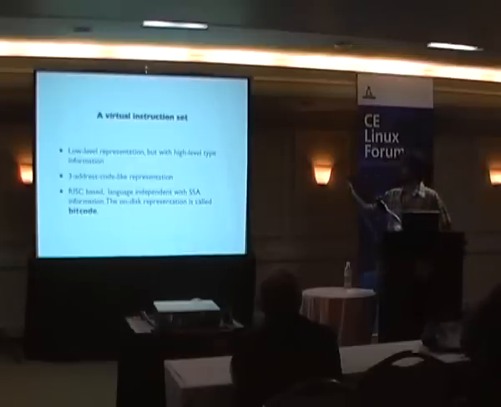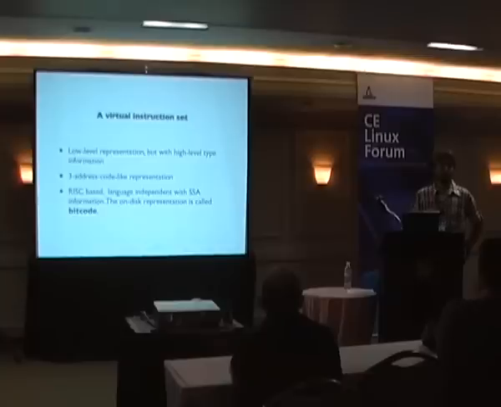We also use a three-address-code-like representation, and it's RISC-based, language independent, and it's in SSA form, which is an acronym for static single assignment, which is a representation where every variable has only one definition. In this kind of representation, it's a lot easier to apply a lot of optimizations. This representation of the IR, we call bitcode. It's like the bytecode we have in virtual machines.